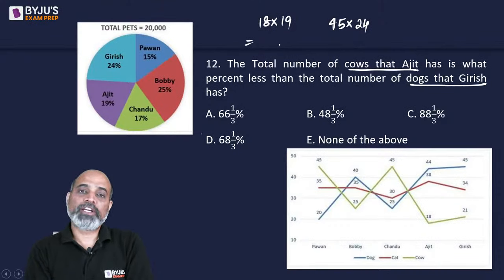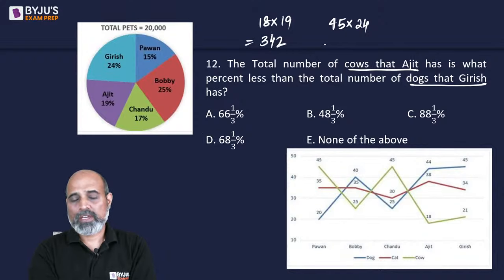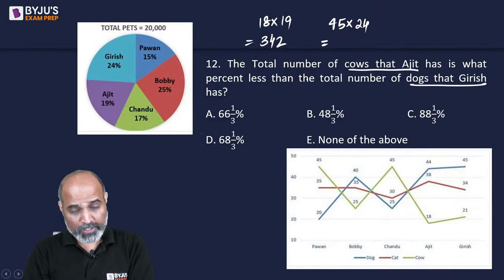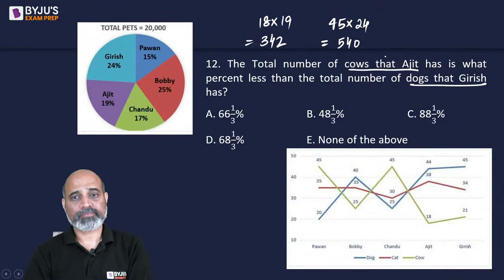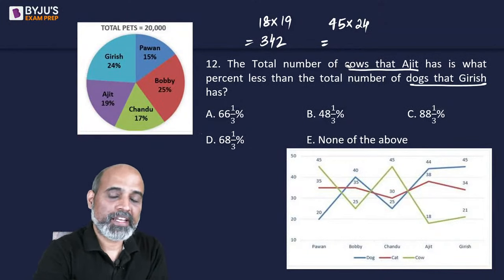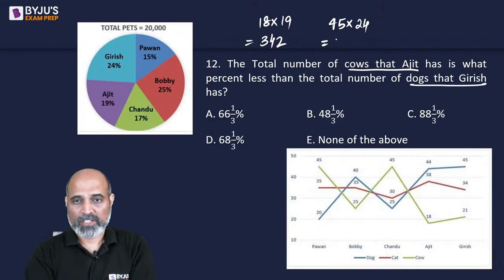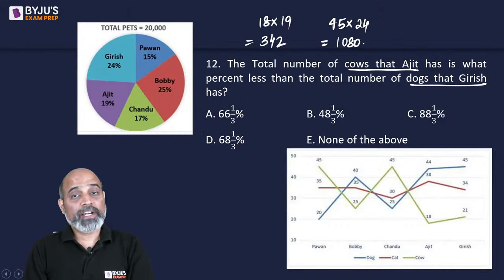So this is going to be 342 and 45 into 24 is going to be 540, right? 9 into नहीं, ये तो डबल होगा इसका. 9 into 12 is 108. So this is 1080. एक 2 और multiply करना था. So 1080 is going to be the answer.